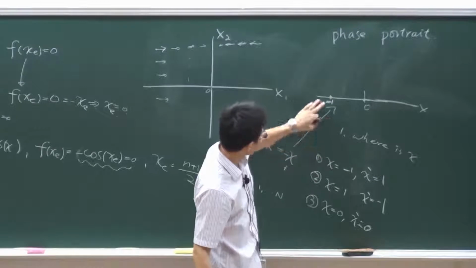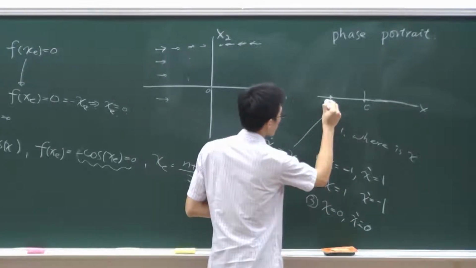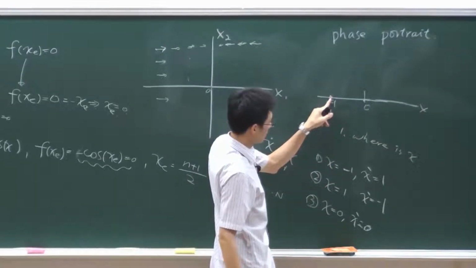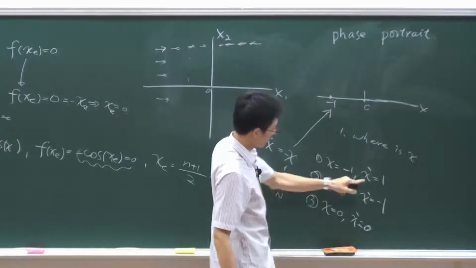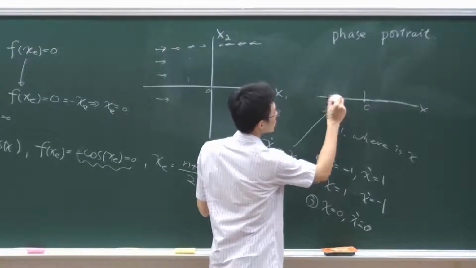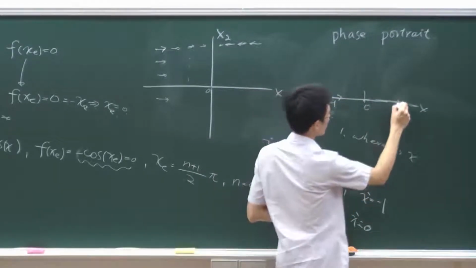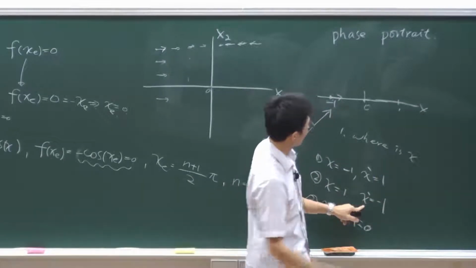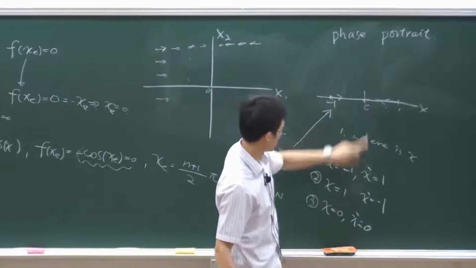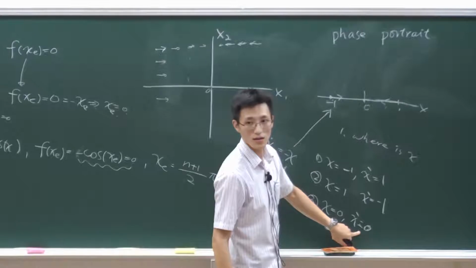And at x equal to minus 1, what's the velocity? The velocity will be 1. 1 means pointing to the right with magnitude 1. At x equal to 1, it's trying to move to the left. And how about at 0? 0 velocity. Okay? Understand?